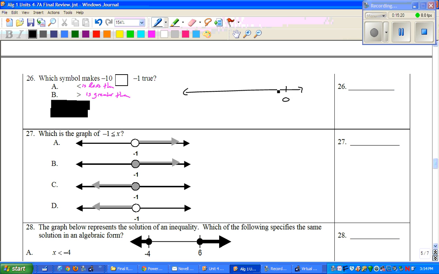If you need to make a number line for this, there's -5, there's -10, and -1. We can see the visual. When you move to the left, the numbers are smaller. So -10 is less than -1, okay?